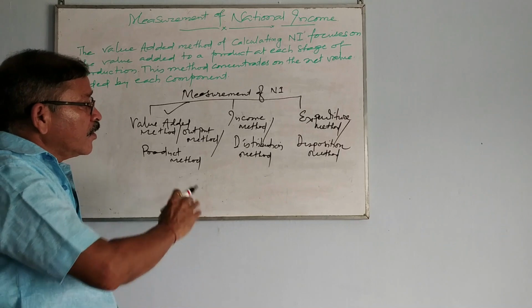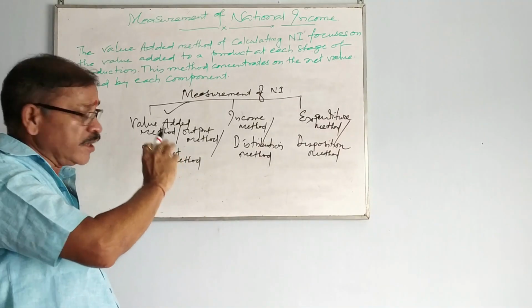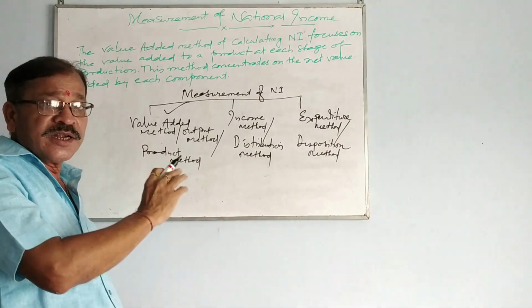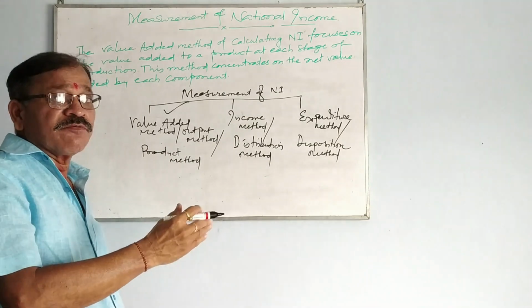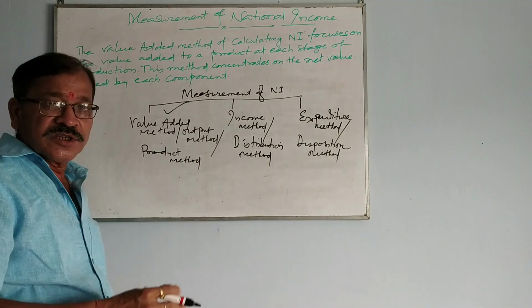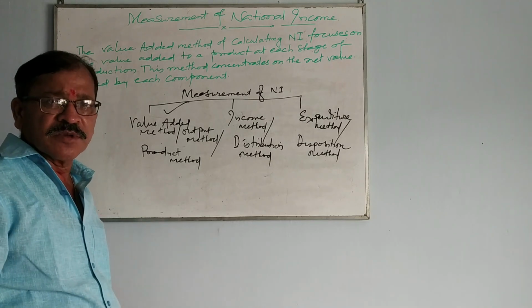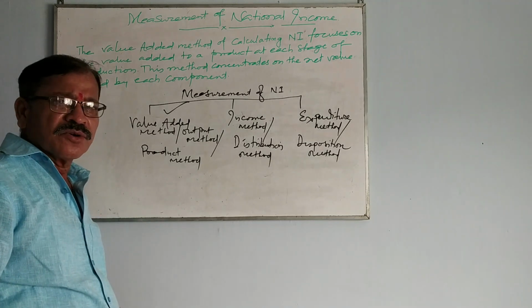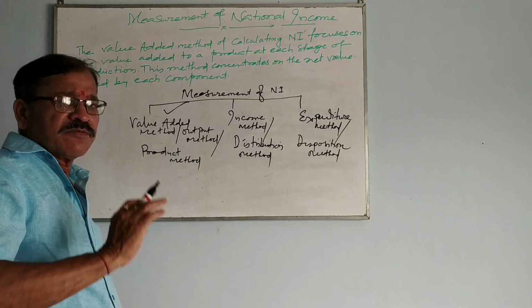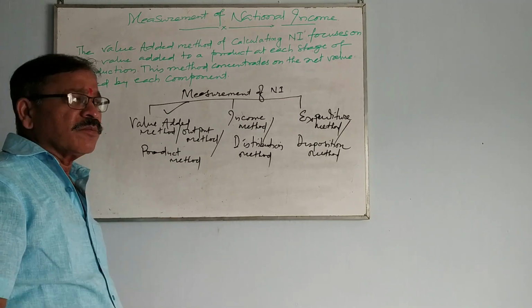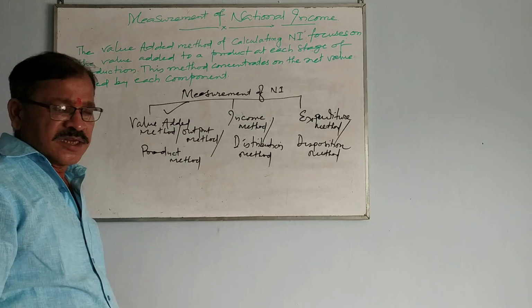Okay, now the formula. How to calculate national income by value added method. The formula which I personally feel I made very simplified, and you need not go very deep into it. If you remember the formula properly, you will be able to do it easily.